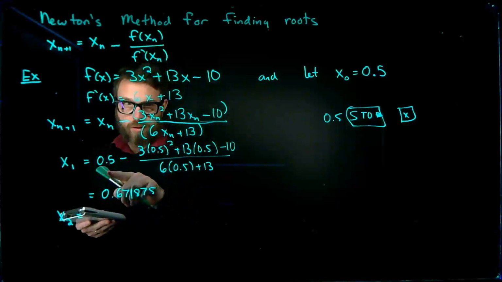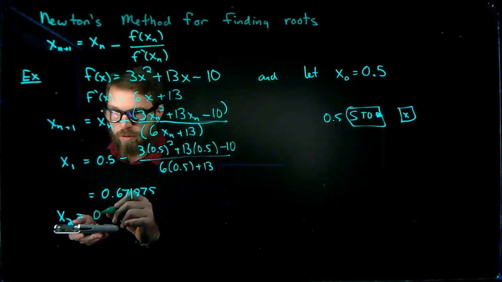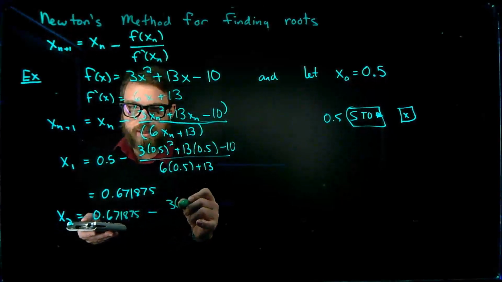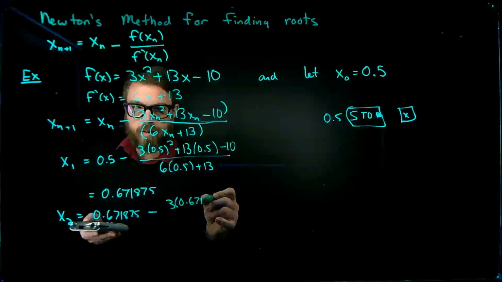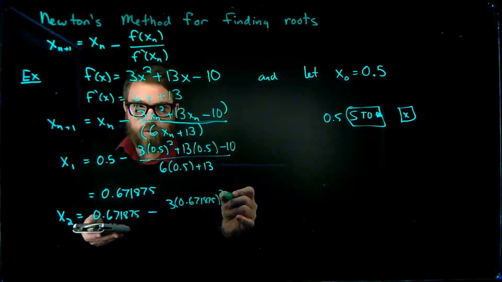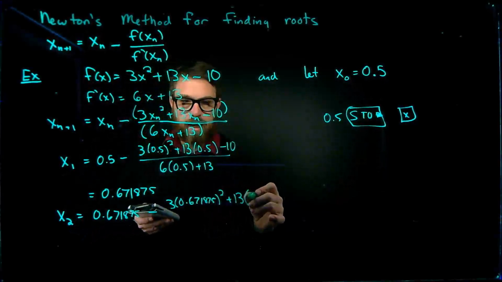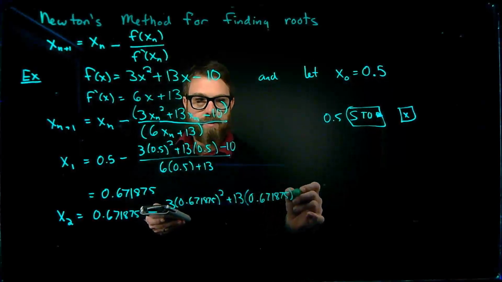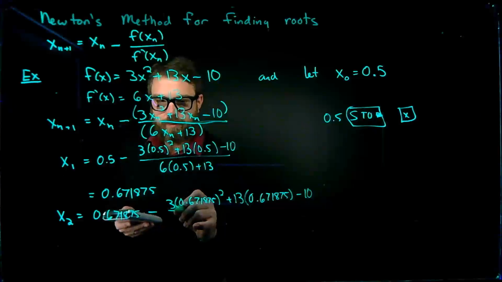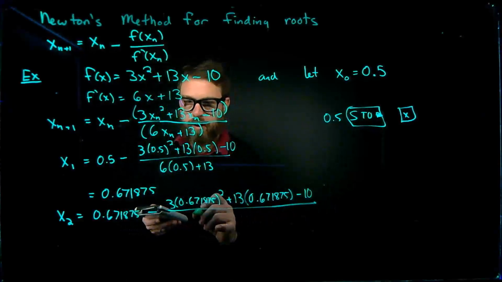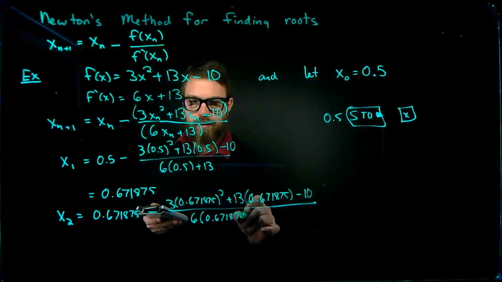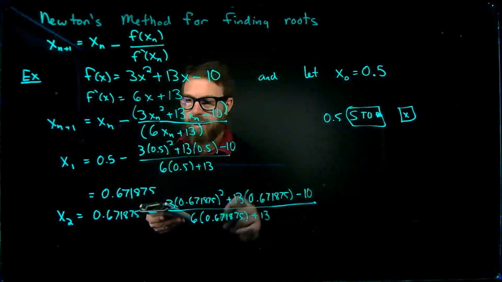Now if I want to find x2, I plug this number back into all the x values. So instead of 0.5 here, I have this number in here. So 0.671875 minus 3 times that number squared plus 13 times that number, 0.671875 minus 10, all over 6 times 0.671875 plus 13.